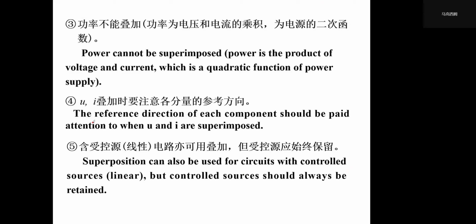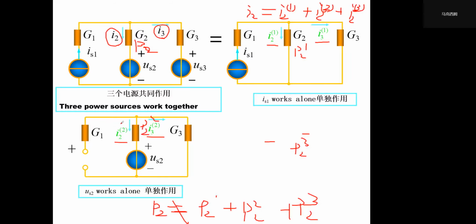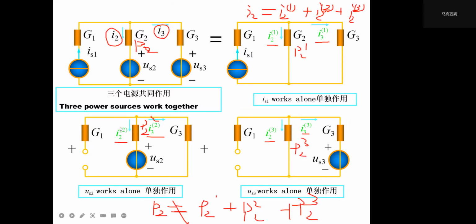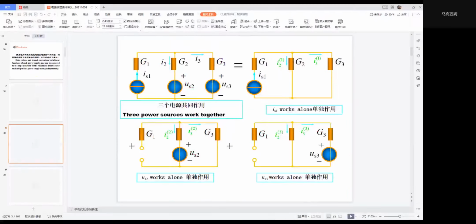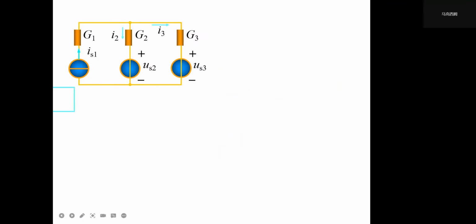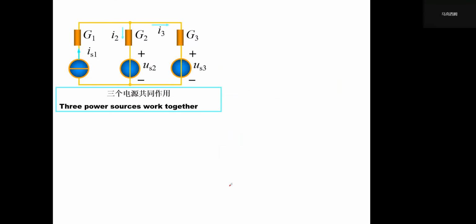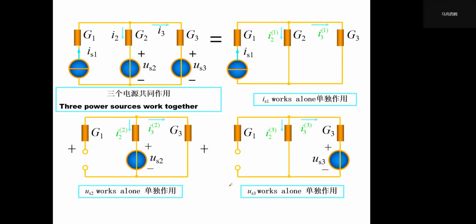So if we divide, for example, a circuit with a control source like this into three circuits, the control source should be in every sub-circuit.